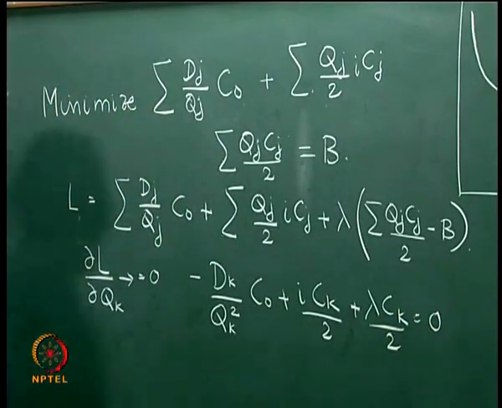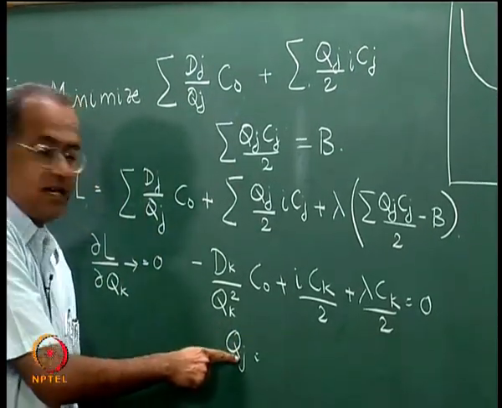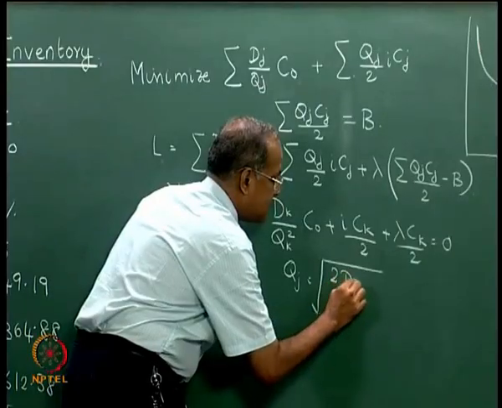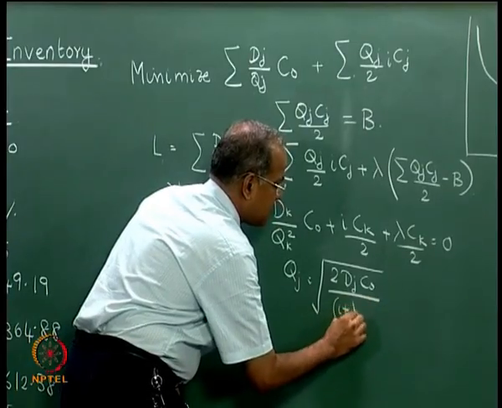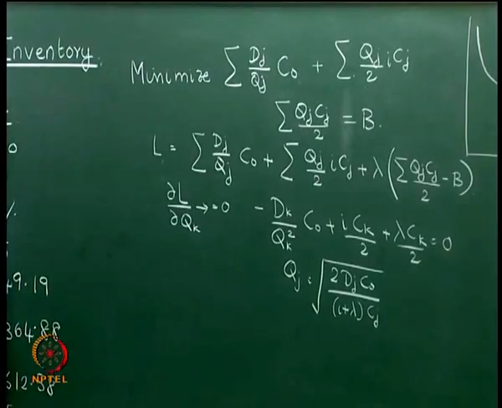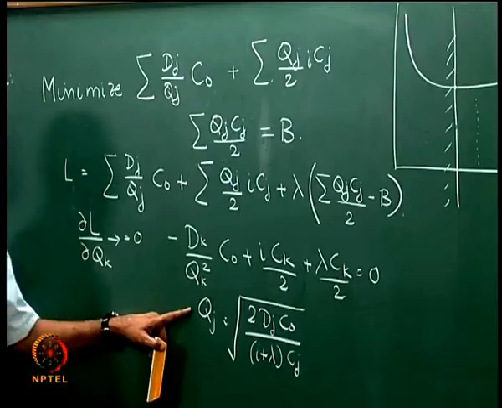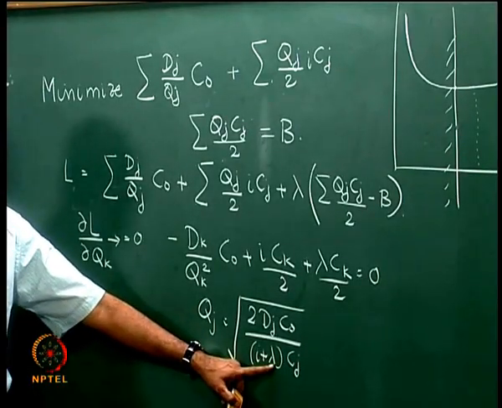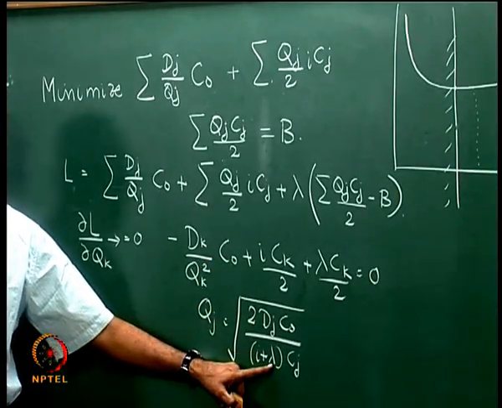Now, this on simplification would give us qj, I am writing it for a general j, as root over 2 dj c naught divided by I plus lambda cj. Now, we can compute qj, which is what we want, only if we know the value of lambda, because right now in this equation all other values other than lambda are known.